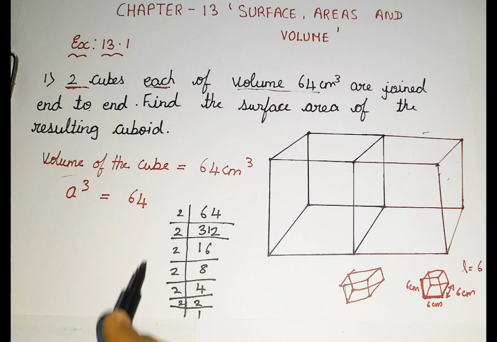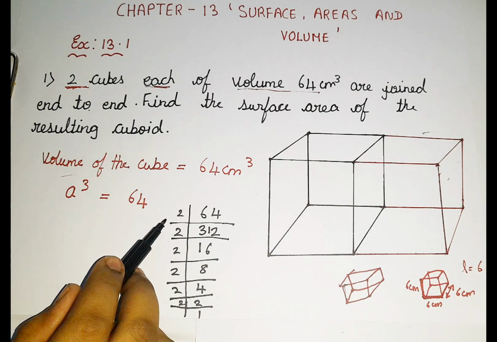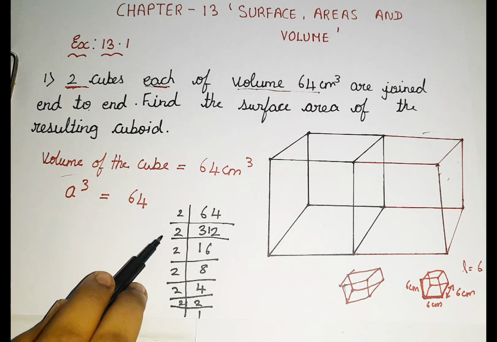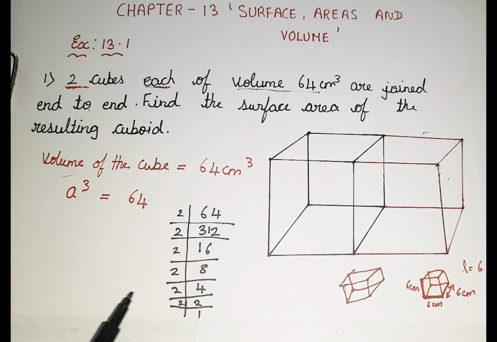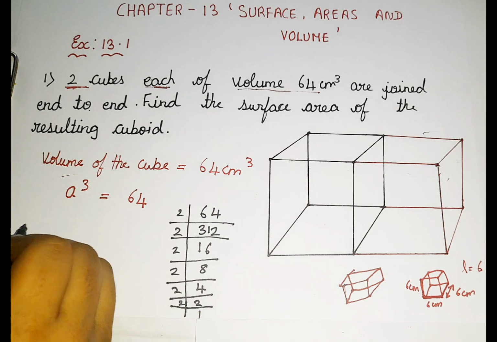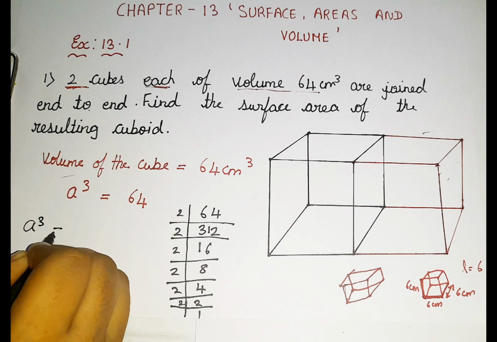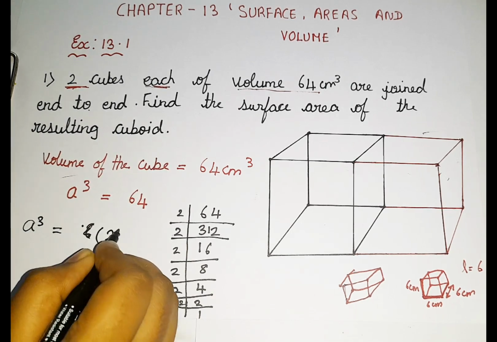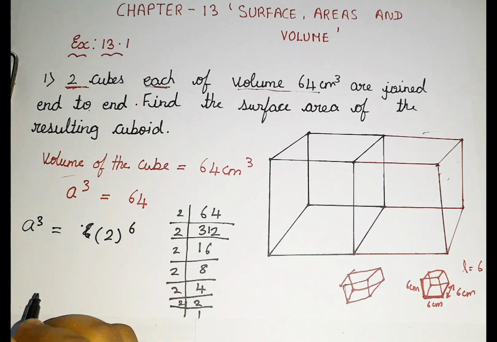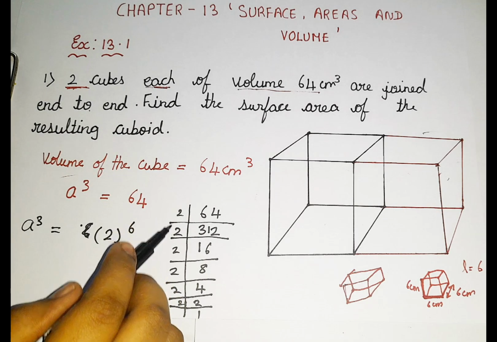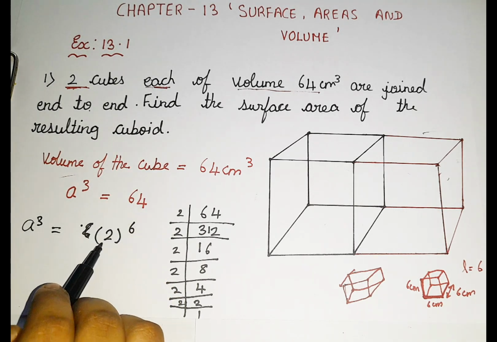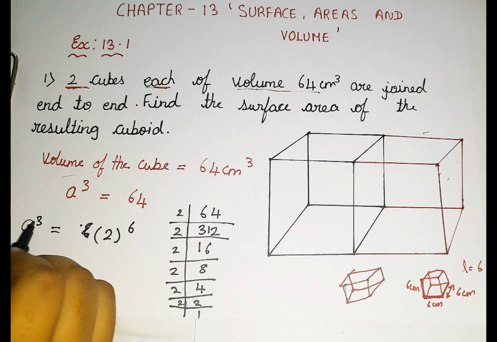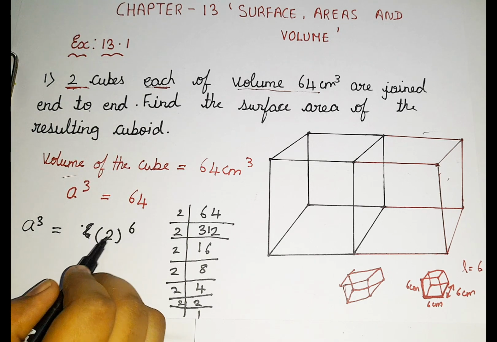So now we got 6 2s. Instead of writing 2 into 2 into 2 into 2, we can just write 2 power 6. So I'm going to write a cube is equal to 2 power 6. Instead of writing 64, I am writing 2 power 6. Now I have a cube here and 2 power 6 here.